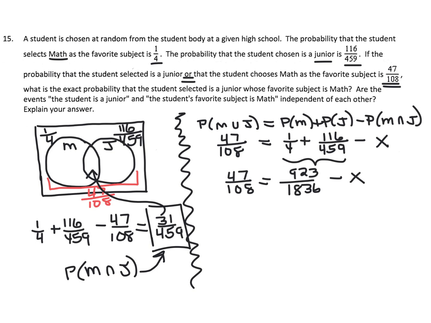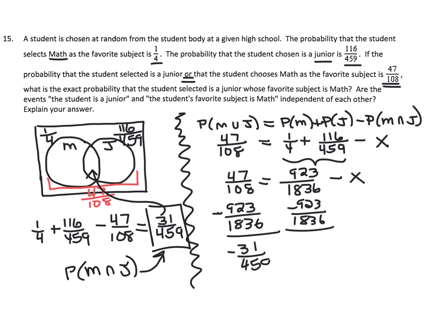Okay, now the next thing we're going to do is subtract this over. So when we subtract this fraction from both sides of the equation, we wind up with negative 31 over 459 equals negative x.